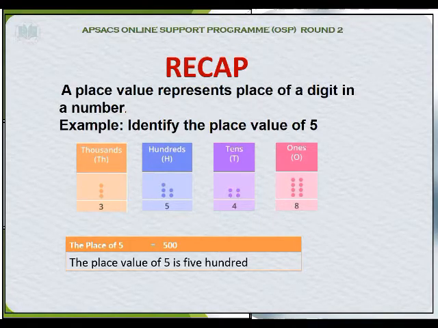As you see, 3 is at the 1000 place, 5 is at the 100 place, 4 is at the tens place and 8 is at the ones place. So the place value of digit 5 is 500.